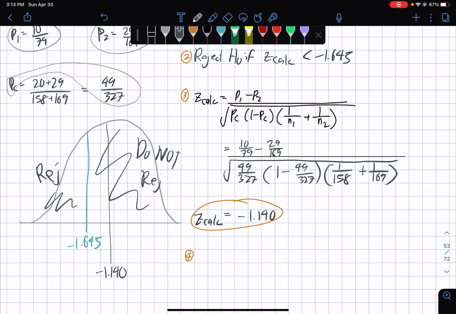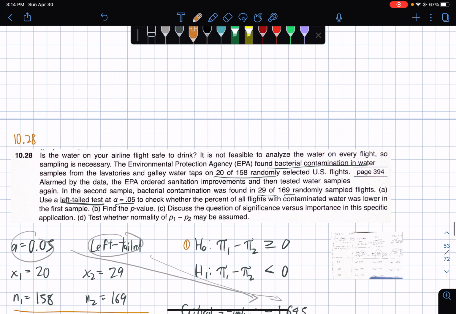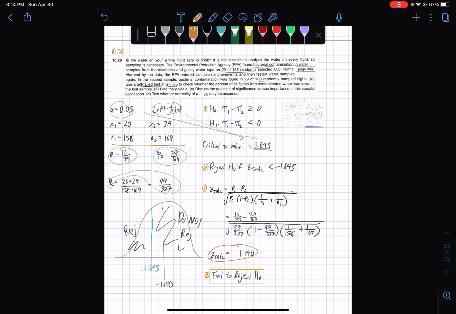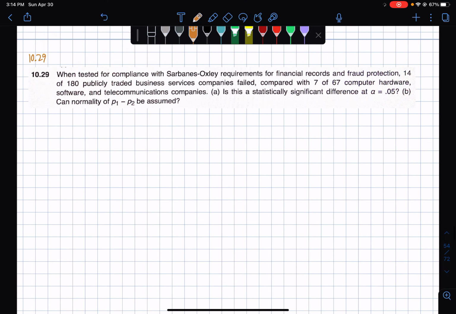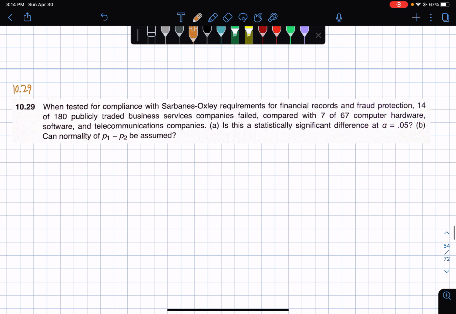So since negative 1.140, our z calc, is located at the do not reject region, we do not reject, or we fail to reject, H0. I can't guarantee the right answer for 10.28, but it's quite the effort. Let's go to 10.29, the last question, and we're done with this video, finally.